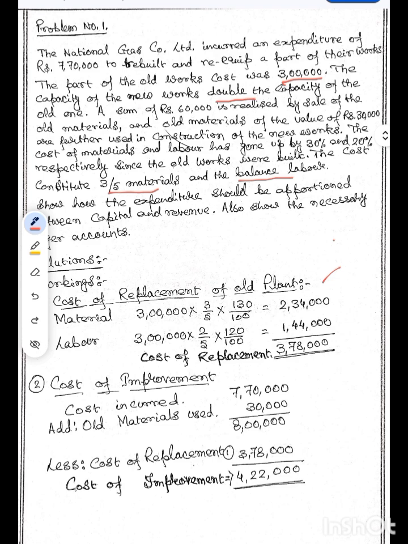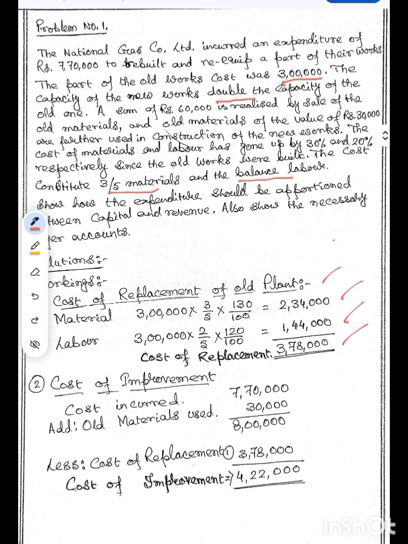So these points are considered in this calculation. Material: 3 lakhs into 3 by 5 into 130 by 100, that is 2,34,000, and labor: 3 lakhs into 2 by 5 into 120 by 100, that is 1,44,000. So total cost of replacement comes to 3,78,000.